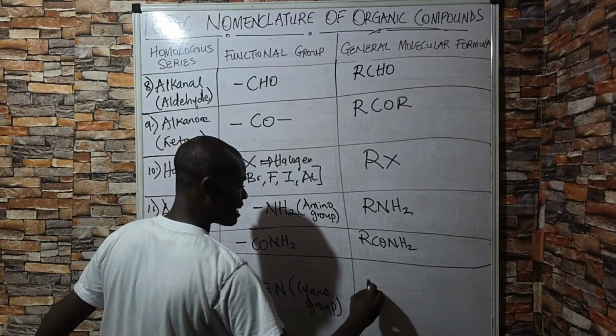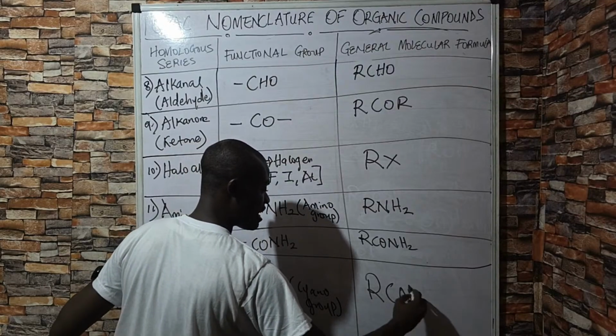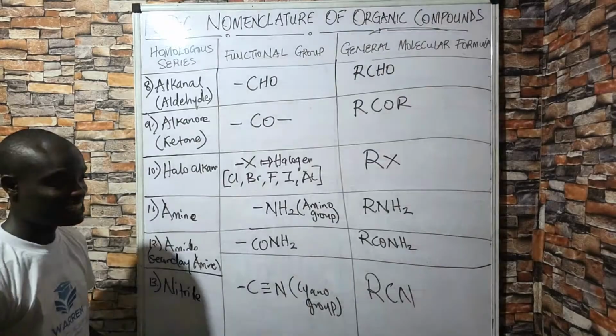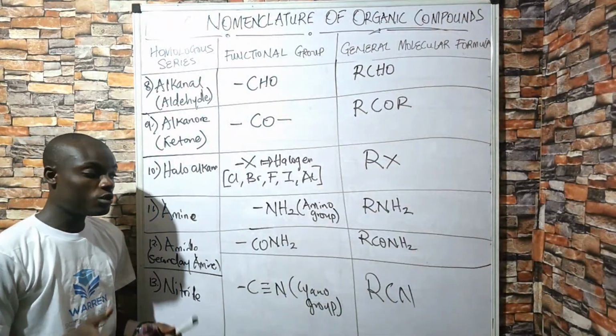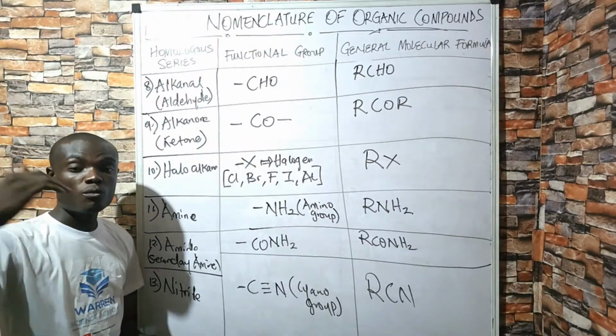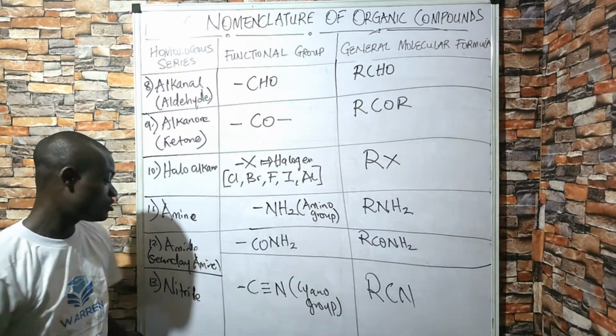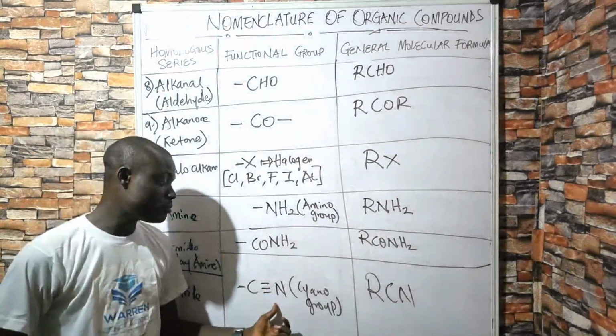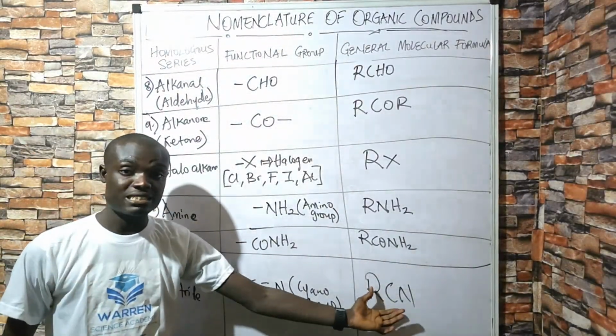So you get to see this like R-CN. This is what we call the nitrile. We'll name compounds later. One name they will call them is propanenitrile, butanenitrile. So these nitriles are compounds that have this cyano group, carbon triple bonded to nitrogen. So you will see them like R-CN.